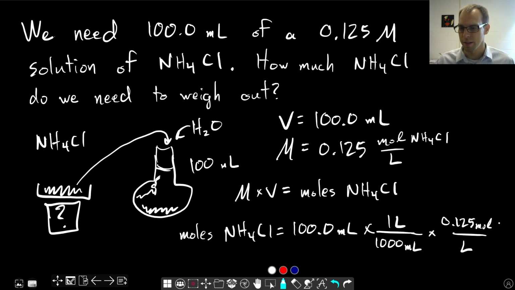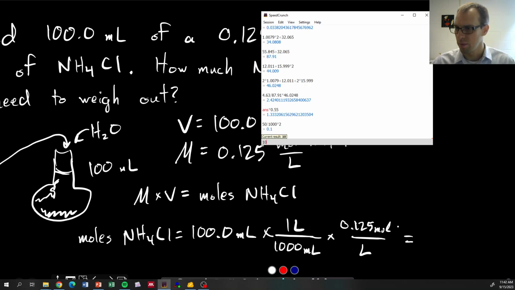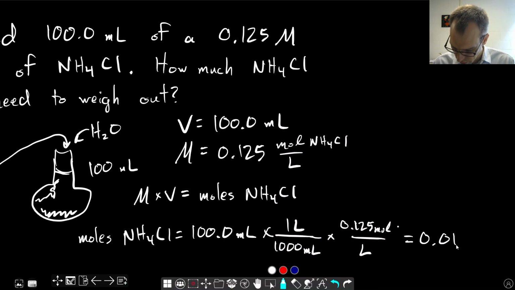And we can go ahead and calculate this. That'll get us to our first step, which is how many moles of ammonium chloride this corresponds to. So pulling up the calculator, we get 100 divided by 1,000, which is 0.1, times 0.125, which gives us 0.0125. And that's how many moles of ammonium chloride we need.